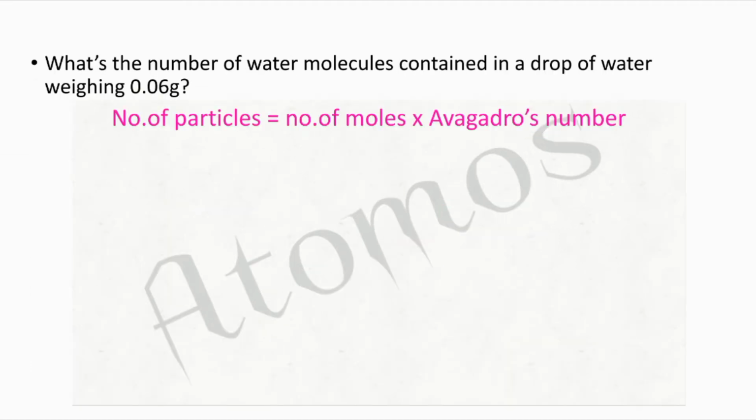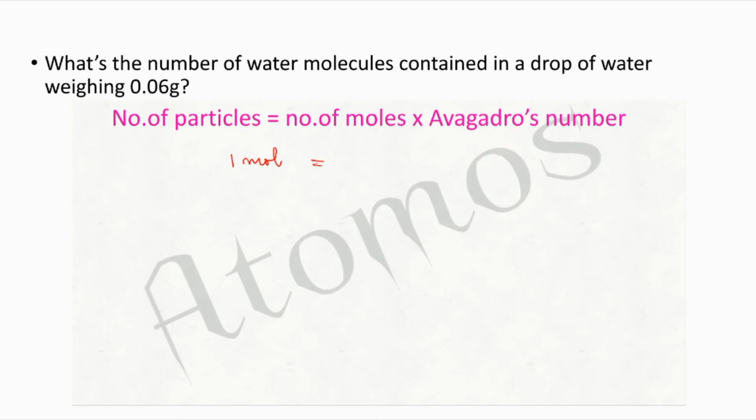Now try this problem. What's the number of water molecules contained in a drop of water weighing 0.06 gram? In this problem they are not asking the number of moles, but they are asking the number of molecules. If you know the number of moles, you can easily calculate the number of particles using this expression. What will be the number of particles present in 1 mole of a substance?